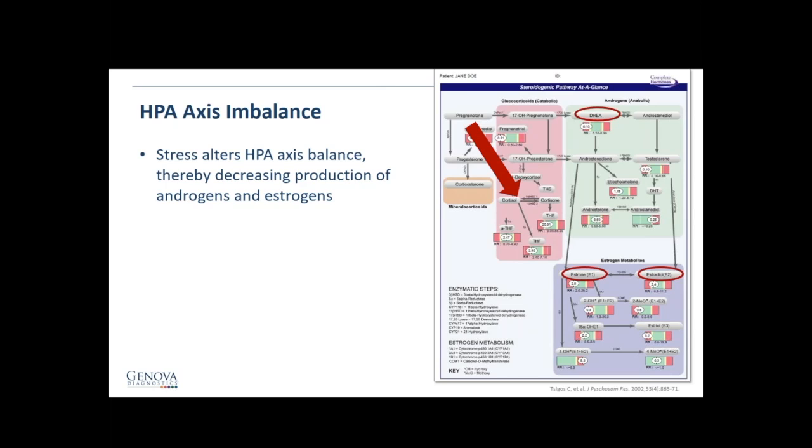And without those androgens, there's less conversion into the estrogens. So the impact of stressors on cortisol can impact both androgen levels and estrogen levels downstream.